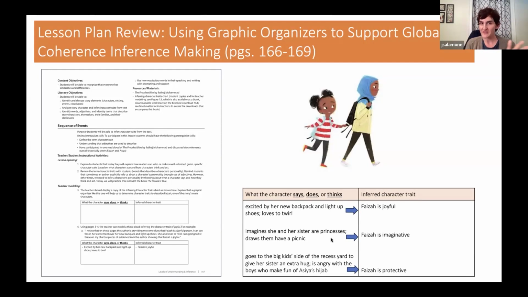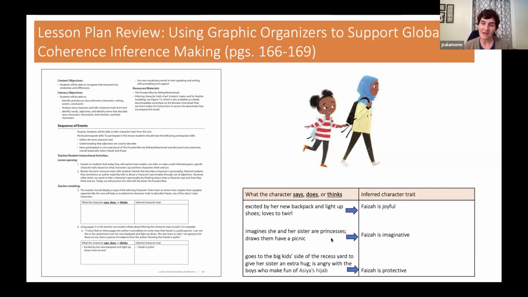So, with teacher modeling and going through the text and starting out by thinking about, well, what does the character do? Well, she's excited by her new backpack and light up shoes, and she loves to twirl. Well, Faith, she's a joyful character. We have a scene where she's imagining that she and her sisters are princesses, draws them having a picnic, and we know that she's creative.